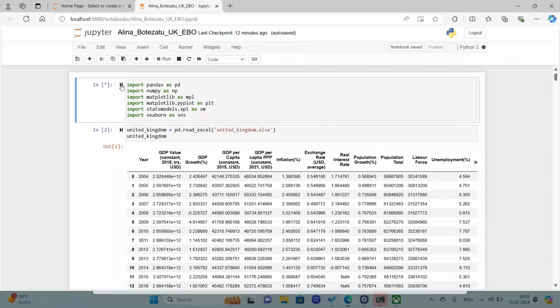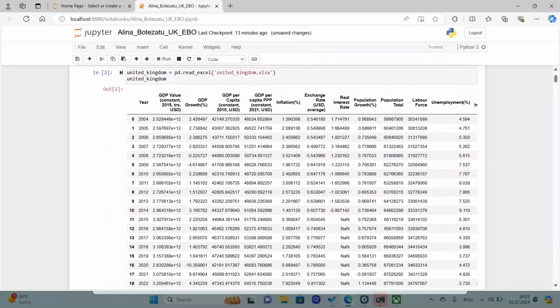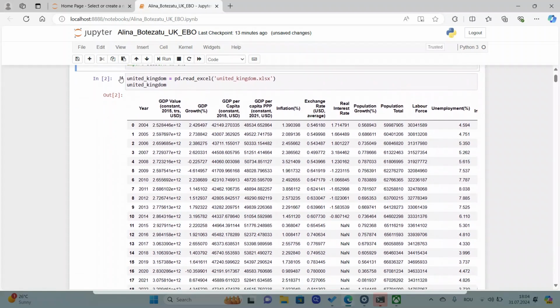Now I'm loading. I've done it before, so we'll show a higher number. I run the libraries. Now this is my data frame.